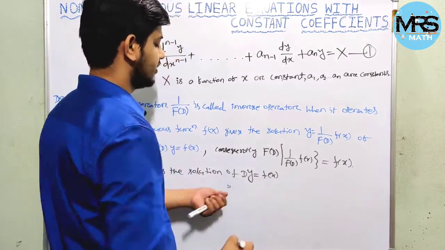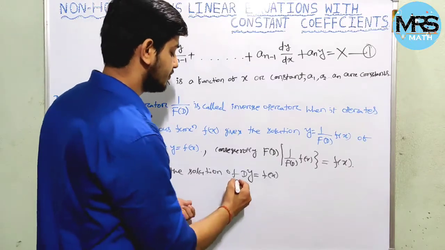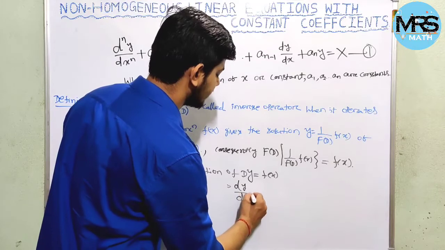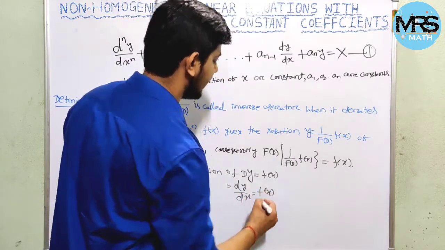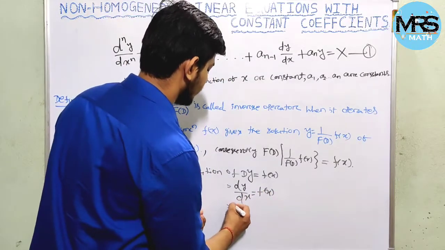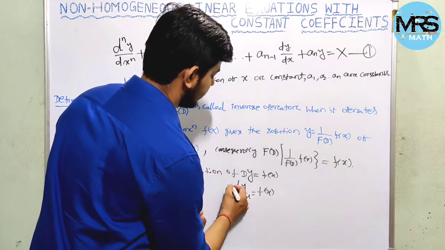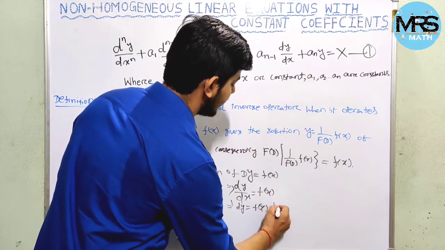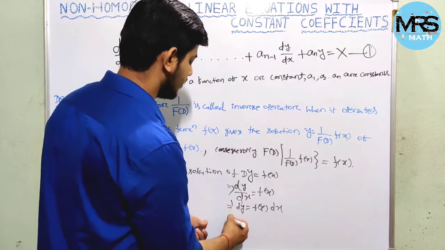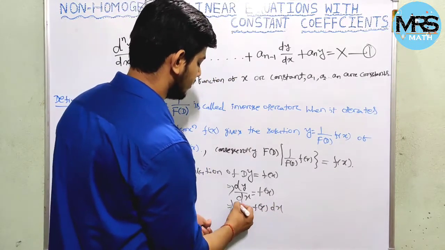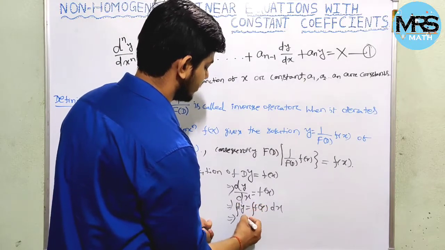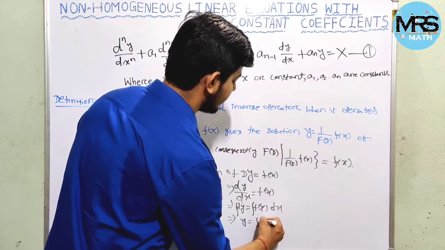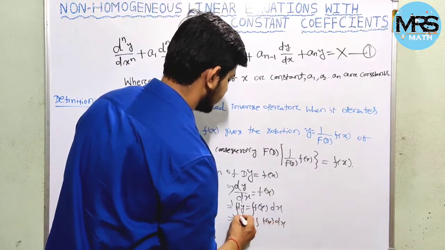So what is d? D is our differential operator, that is dy by dx is equal to f of x. If we write this, dy will be f of x into dx. So from here how will we get y? Integrating both the sides, y will be integration over f of x dx.